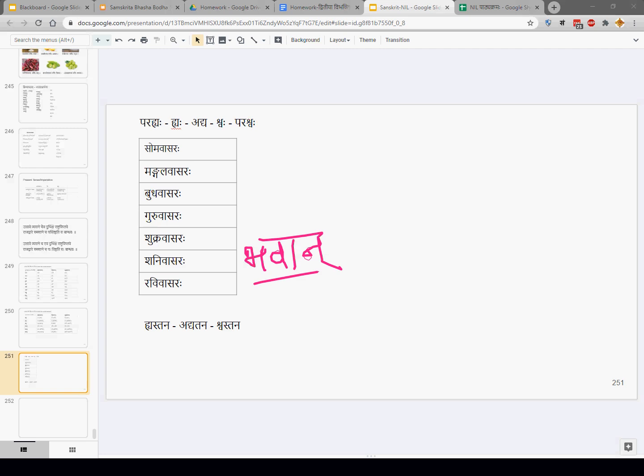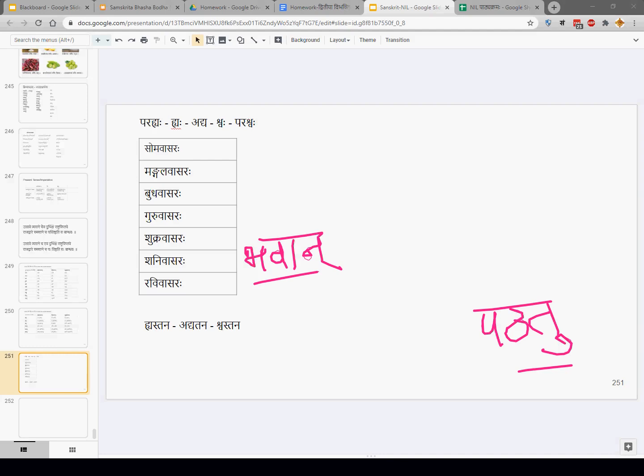Bhavan Pathati, yeah, Pathati is present tense. We can use Pathati, or we can use Pathatu, for requesting or ordering. Bhavan Pathatu. So you read.